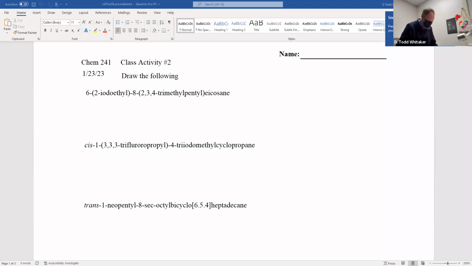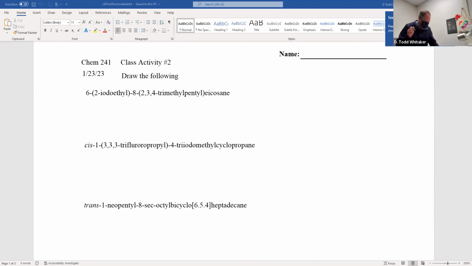Let's go back to that first one. So what do I draw off carbon 8 on the first molecule? And the question was, do I draw a trimethyl or a pentyl? And you said draw the pentyl because that's the part attached. And carbon number 1 is the first carbon you draw. Here we go. 1, 2, 3, 4, 5.